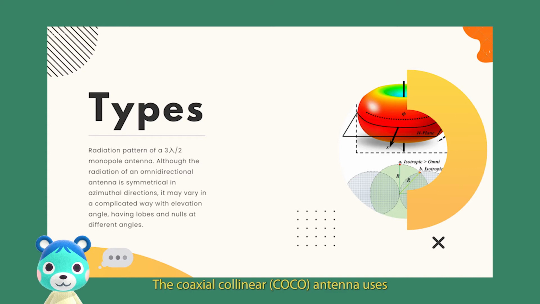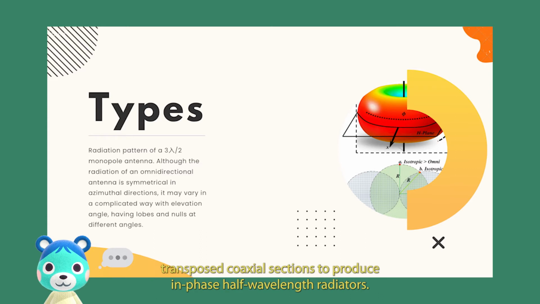The coaxial collinear antenna uses transposed coaxial sections to produce in-phase half-wavelength radiators. A franklin array uses short U-shaped half-wavelength sections whose radiation cancels in the far field to bring each half-wavelength dipole section into equal phase. Another type is the omnidirectional microstrip antenna.